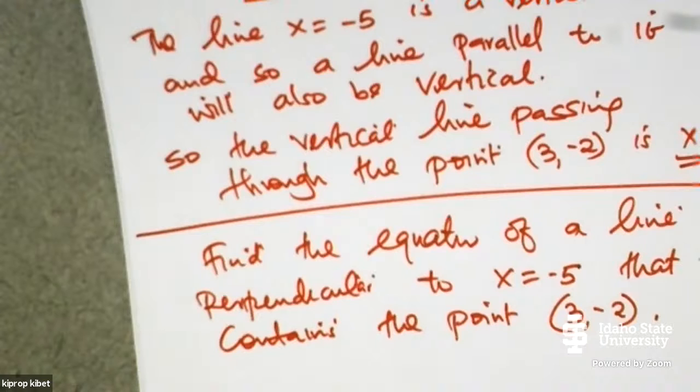We say the x and the y are always what? So if one of the lines is x equals minus 5, the line which is perpendicular, if you have been given the point, is the one which has x, y equals minus 2.